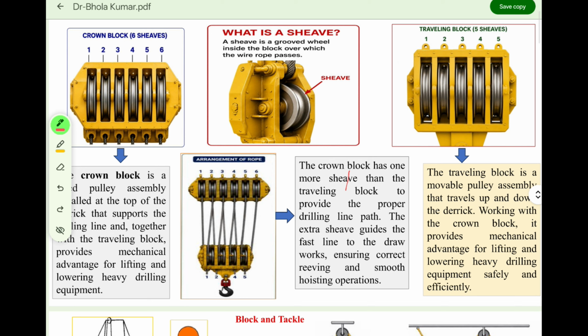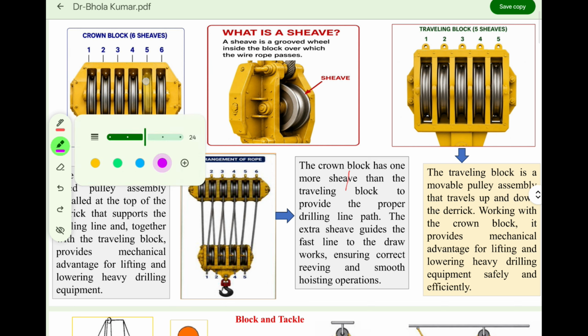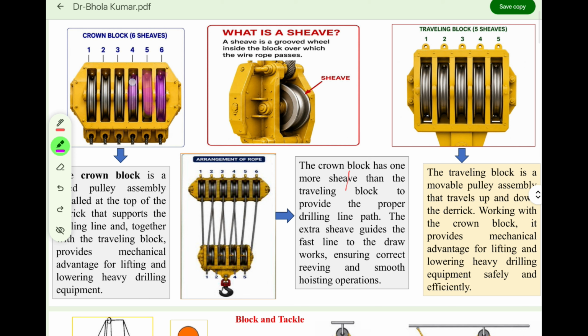Before talking about the crown block, this groove I am talking about, let me change the color. These grooves, through which the drilling line is passed, are at the top, right? So there are 6 sieves. We call this a sieve, and there are 6 lines, 1 2 3 4 5 6, right?